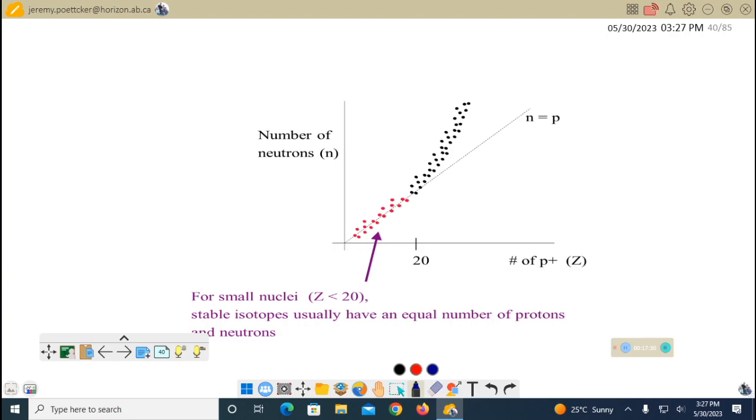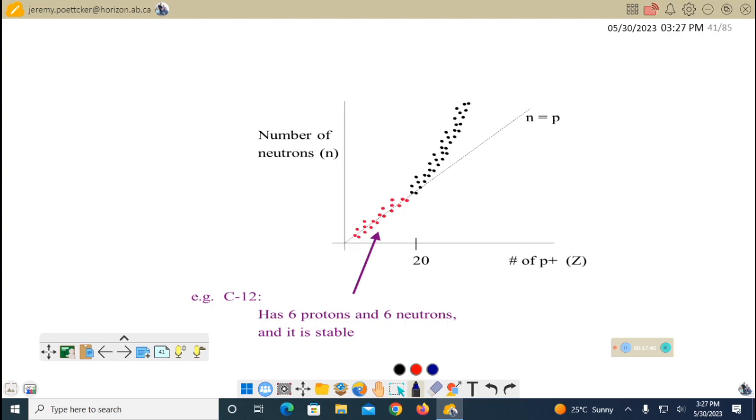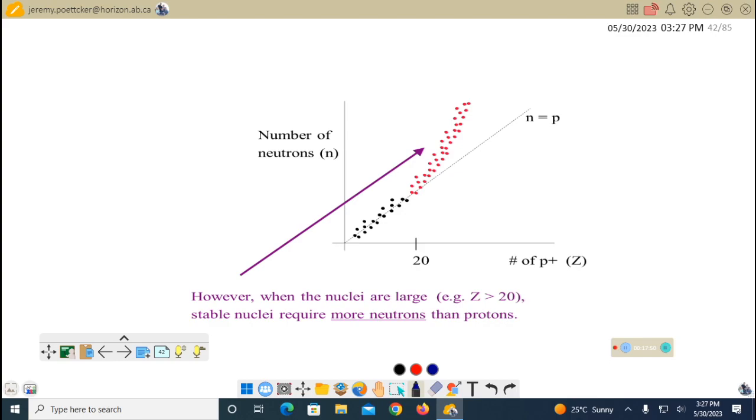Which is basically just what I said: roughly equal. There's equality, and you can have stability right around there. But if one increases more than the other, it tends to become somewhat unstable. So carbon-12, 6 protons, 6 neutrons, it's stable. But when Z gets bigger than 20, stable nuclei require more neutrons than protons.